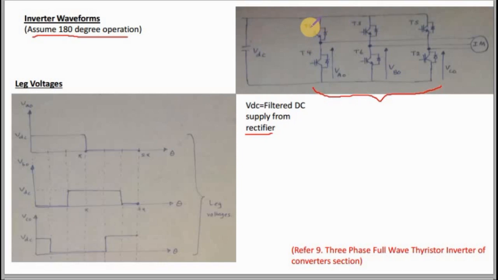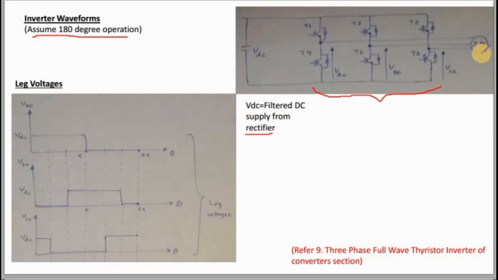So here you can see T1, T3, T5, T4, T6, T2. Make sure you name the IGBTs the same as this. This is a standard way of naming IGBTs in a three-phase inverter.